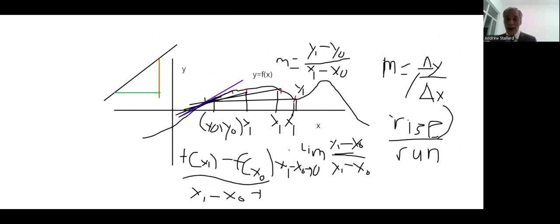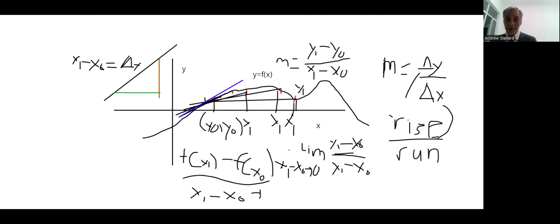Now, x1 minus x naught is delta x. Okay? And then x1 is x naught plus delta x.